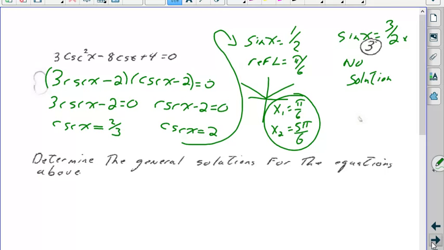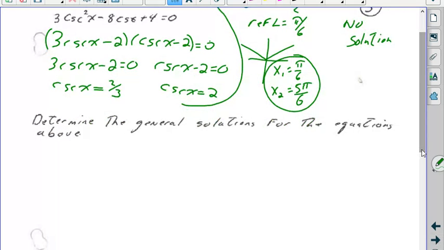Now the general solutions are easy, since we've already got everything else. These were our solutions. The general solution for this one could be written as 0 plus 2 pi k and pi plus 2 pi k, but again, they're only pi units apart.